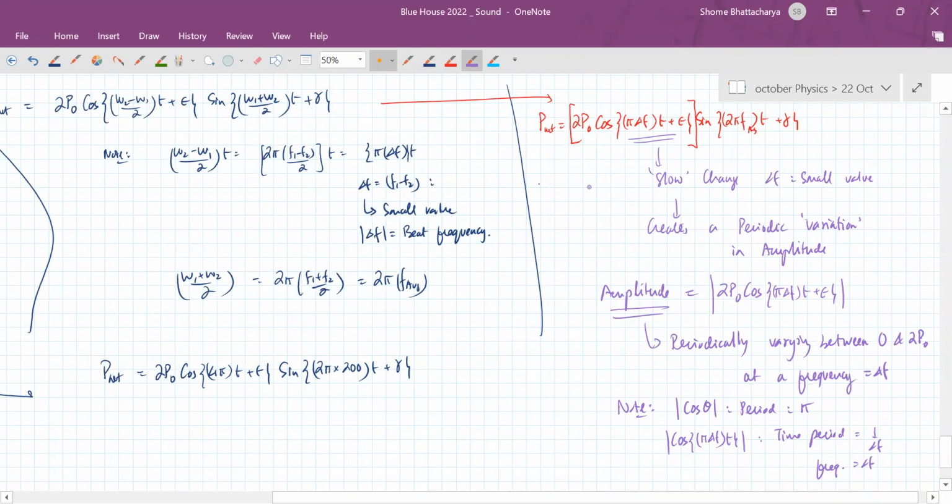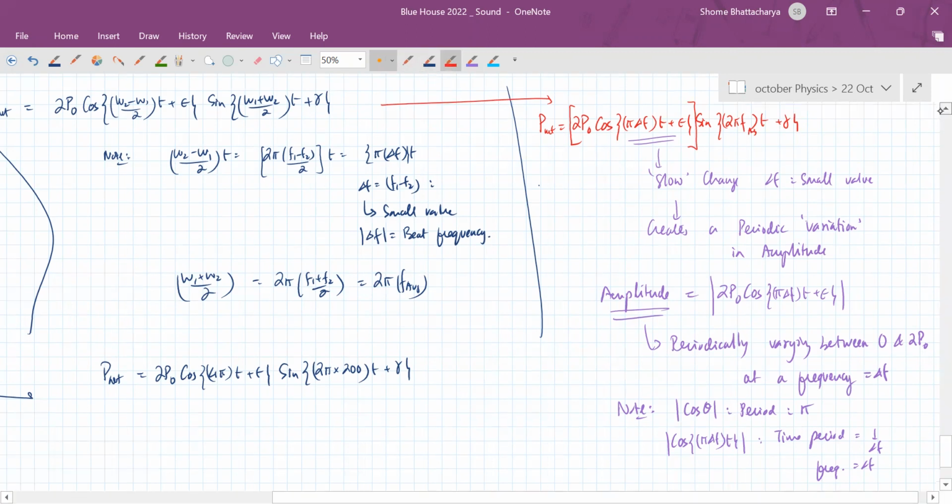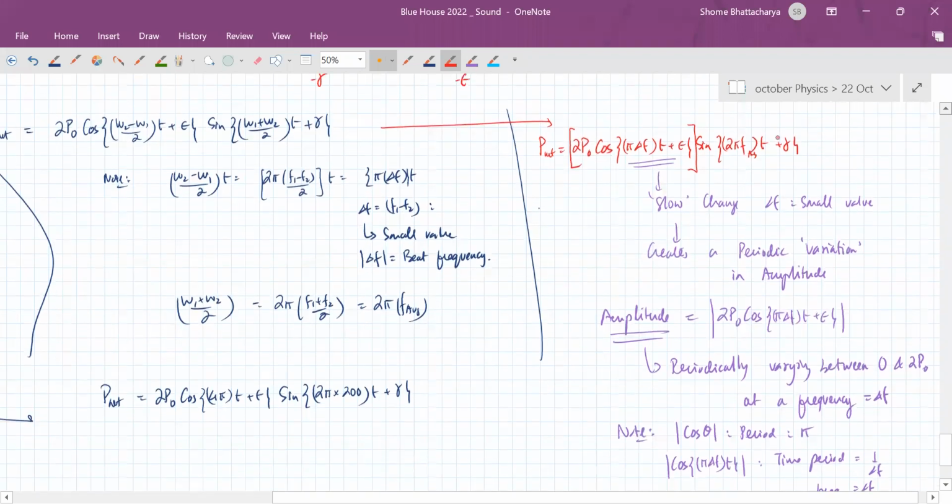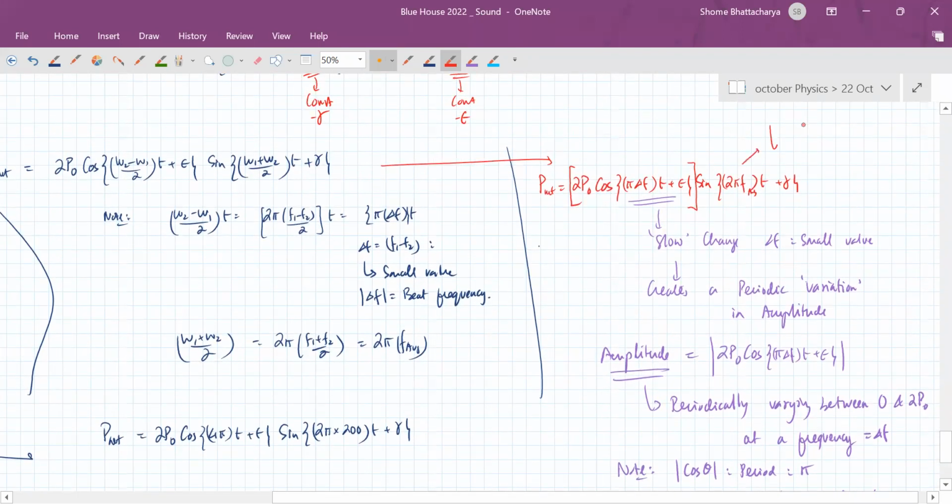So what happens in this case, this other term f average is the frequency of the sound heard, which is f1 plus f2 by 2. So the tone of the sound that you are hearing, remember frequency is to do with tone, is of this frequency, whereas the amplitude is to do with loudness.